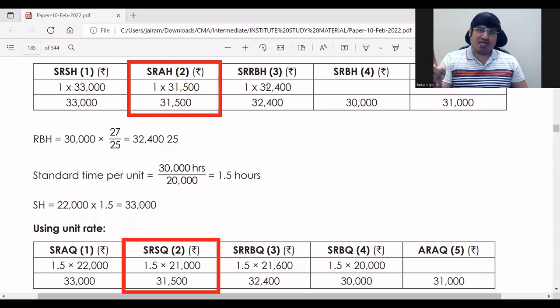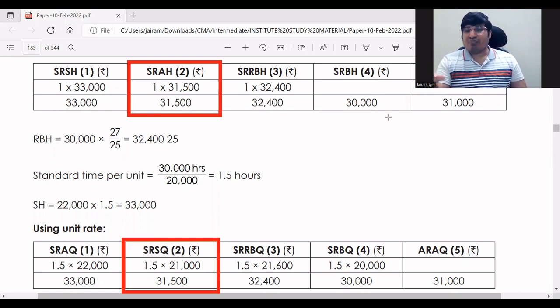But when you prepare the table, you will get confused. So you prepare all 5 like this. Of these 5, whatever they are asking, say if they are asking only cost variance and capacity variance, then just do 1 minus 5 here and 1 minus 2. That's it. But prepare the table as it is.